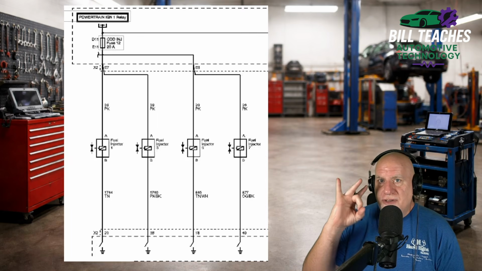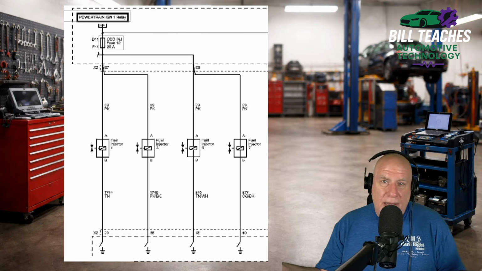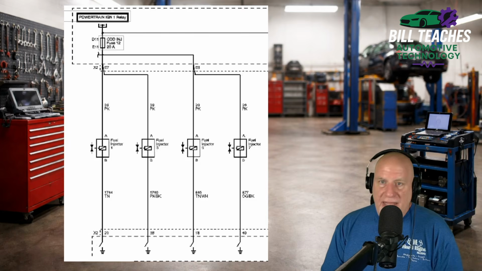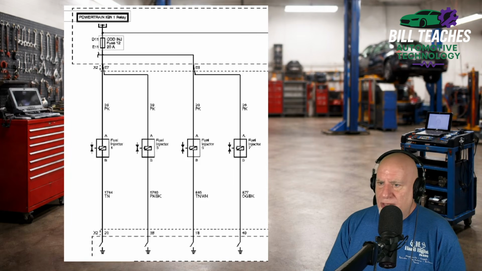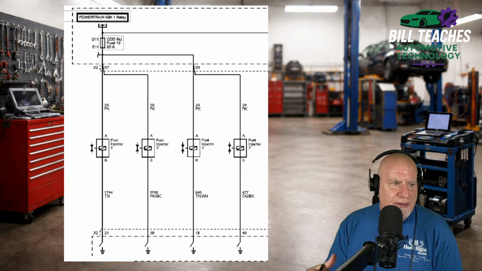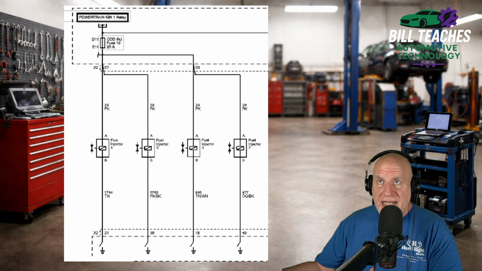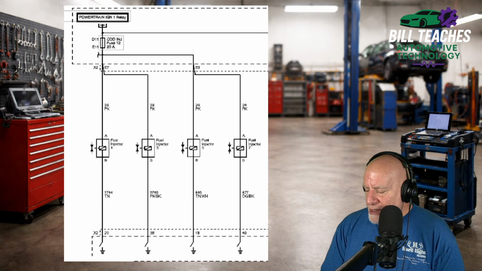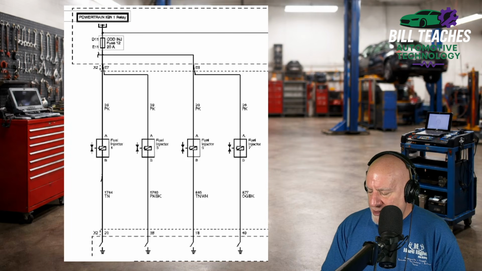That's why manufacturers use the conduit and the tape around the wires to protect them from getting rubbed through. And the wire looms that they run through also protect them from vibration and vibrating against something metal that will rub through the wires. So let's talk about a short to ground on the ground side.